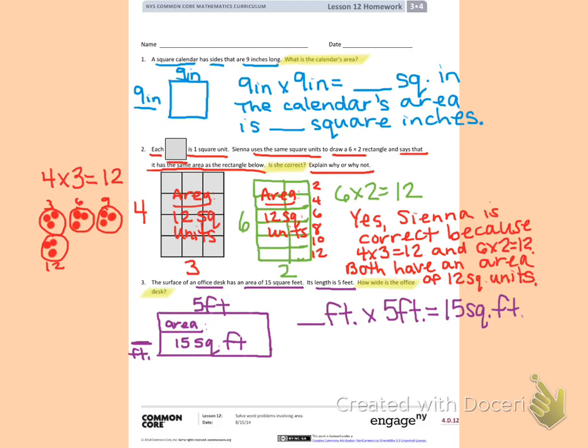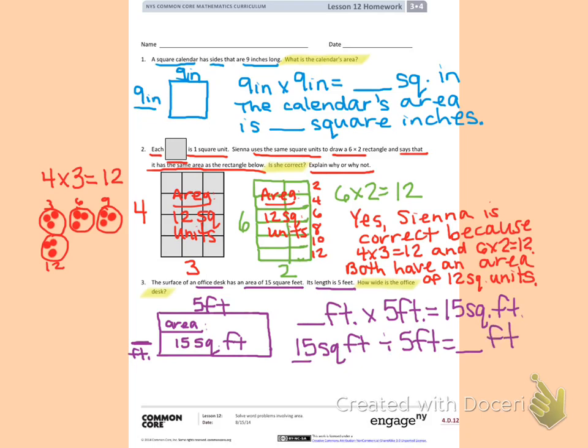We know that the opposite of multiplication is division. So in order to solve this problem, I think I will work backwards and do the opposite. So I'll take the 15 square feet and I'll divide it by the 5 feet, and that'll give me my answer in feet.